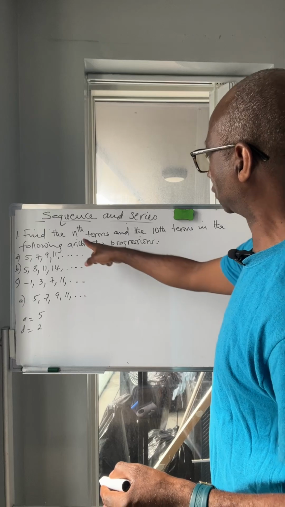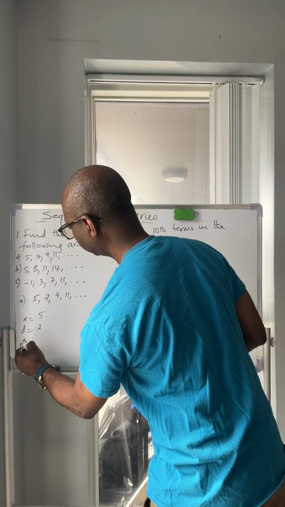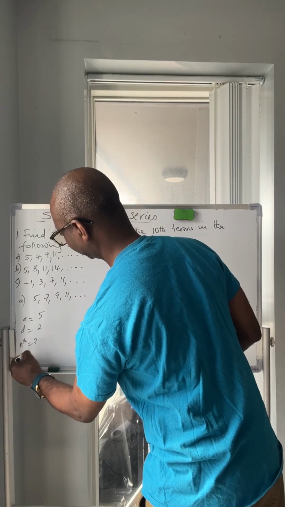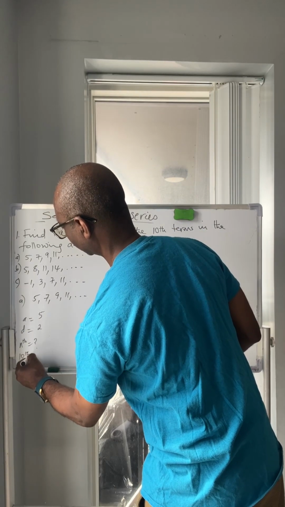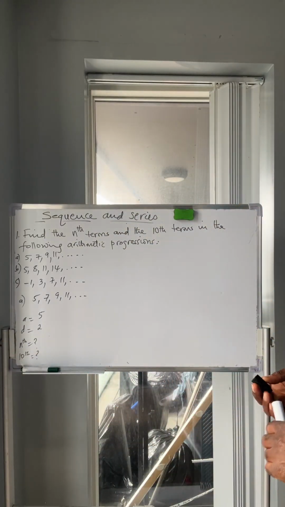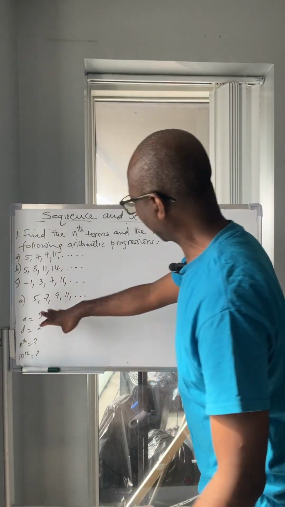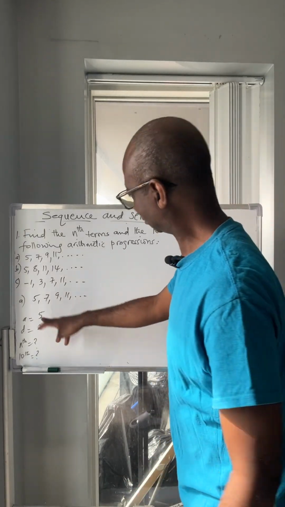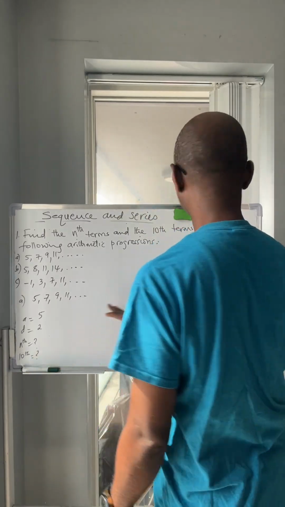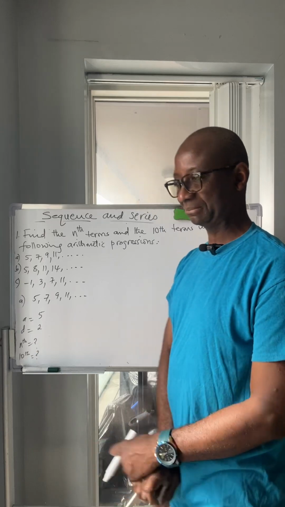And what are we asked to find? We are asked to calculate the nth term and then the 10th term. We are able to calculate the 10th term by just going plus 2, plus 2, plus 2 up to 10 terms. What about the nth term?